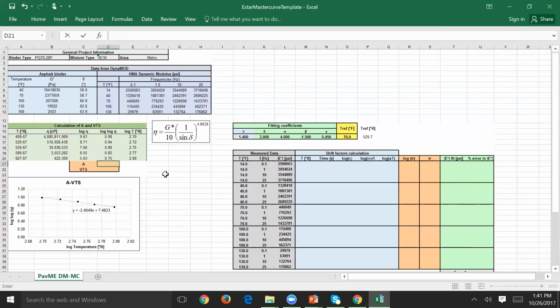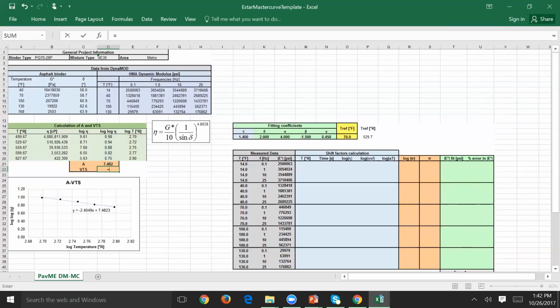By the way, you probably know this, but if you do this equals intercept, this will give you the intercept of this line. If you choose these y values, which is log n, comma, log of temperature as your x values, so intercept and enter, you will see it will give you 7.48. That's your A. Okay?